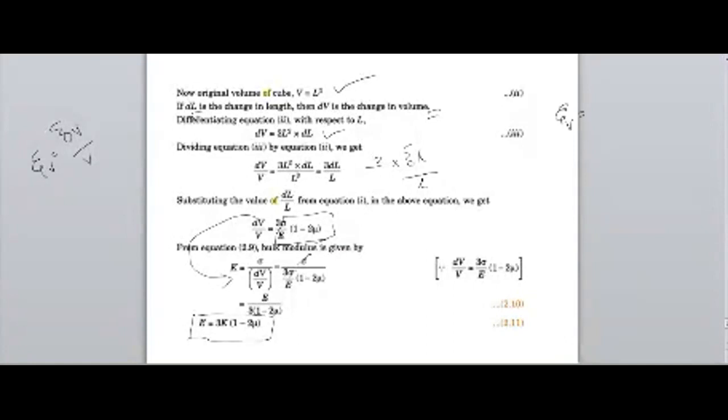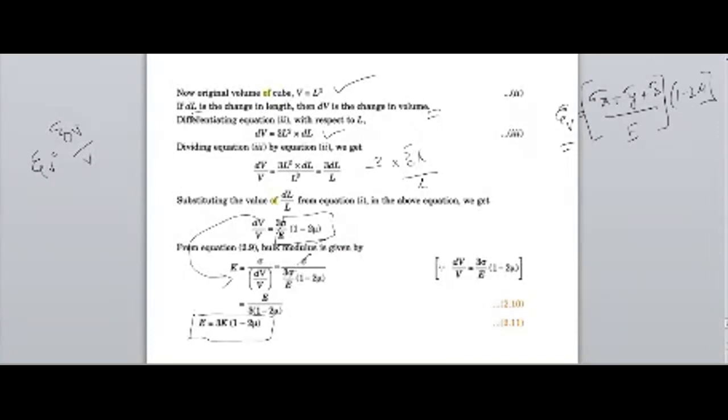We have derived that volumetric strain is sigma x plus sigma y plus sigma z by capital E into 1 minus 2 mu. Already we have derived this for volumetric strain.